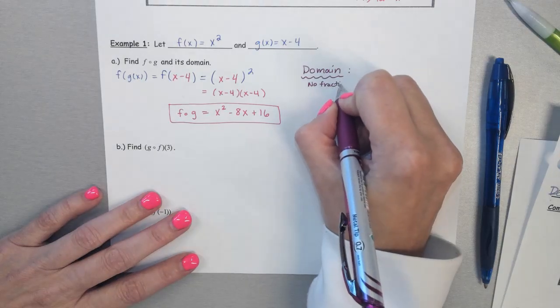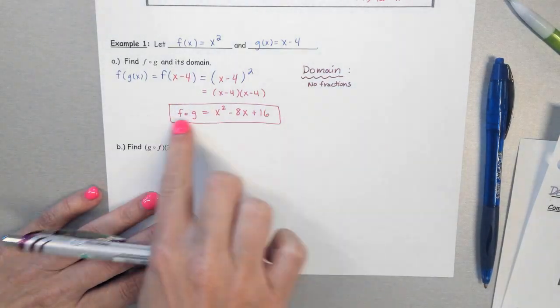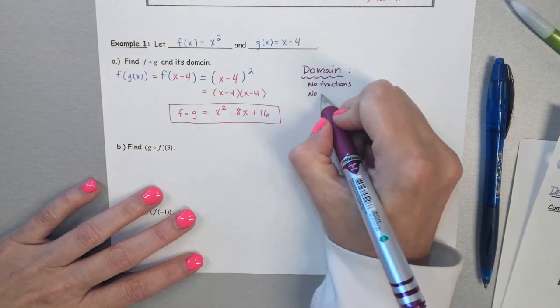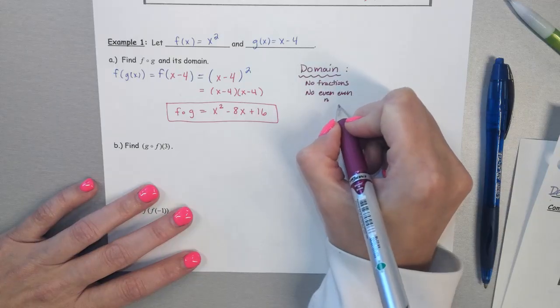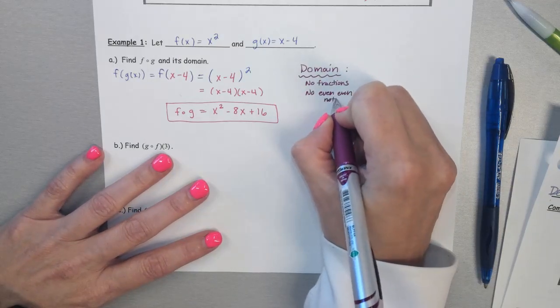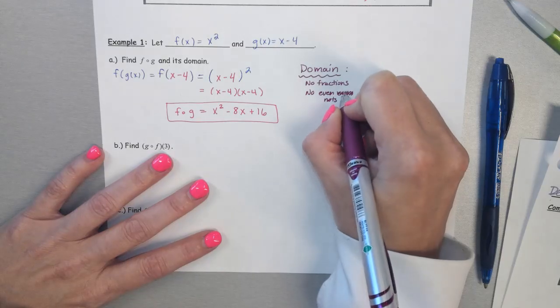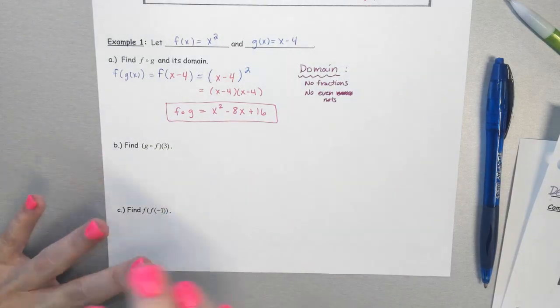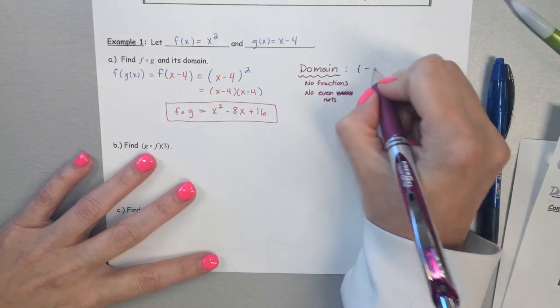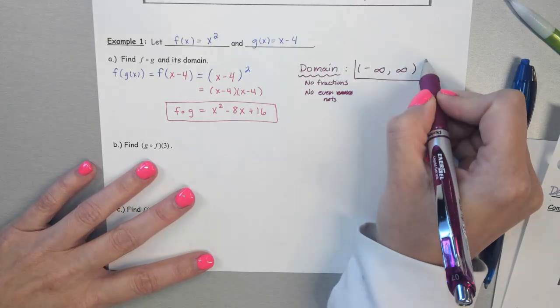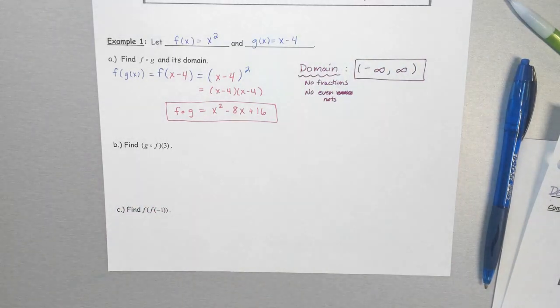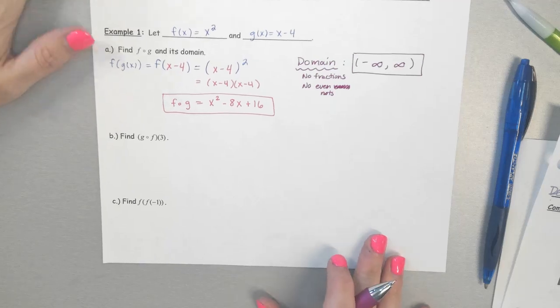If there's no fractions, which there are none here, and no even roots, then that means there's no restrictions, and no restrictions means all real numbers. So your domain would be all real numbers. We are going to be writing these in interval notation today. That's how it will be on your assessment, so we're going to practice that.